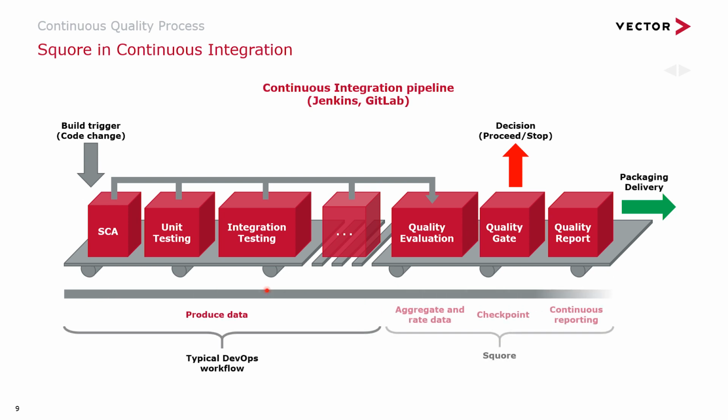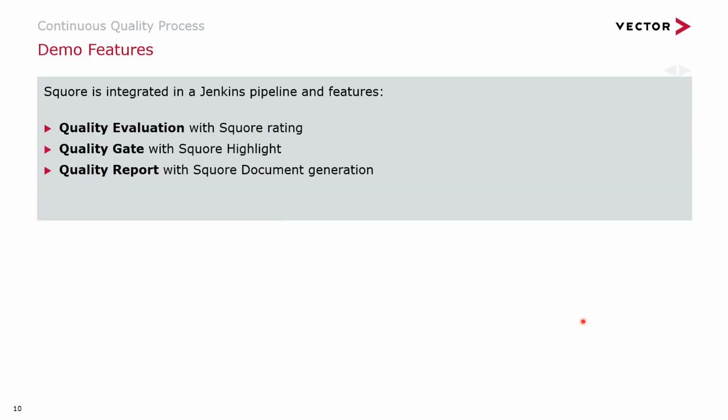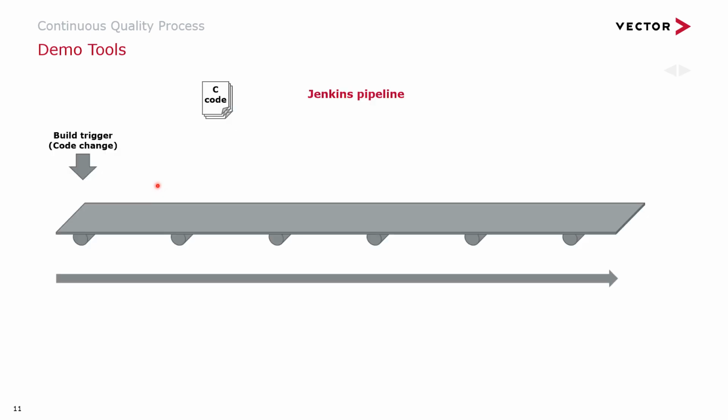So to summarize, we have a data production phase here, which is going to feed Squore for its evaluation, first thing, for the quality gate, second, and for the report generation. And these are the three aspects we're going to see in the demo now. Evaluation, quality gate, and report.